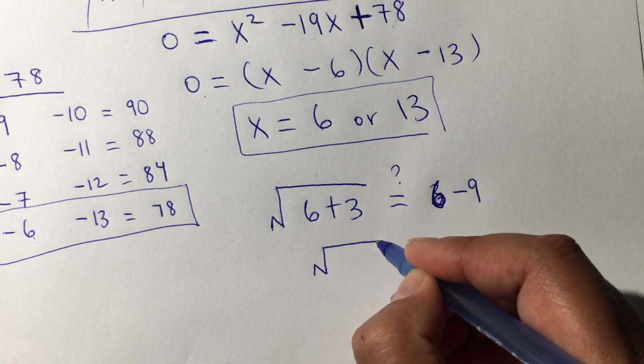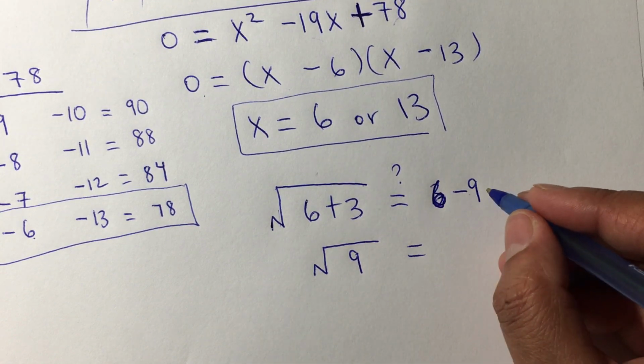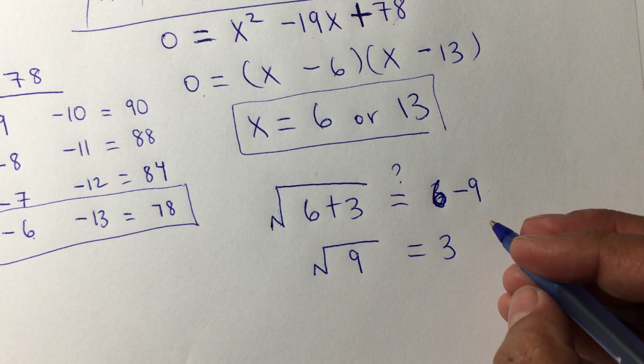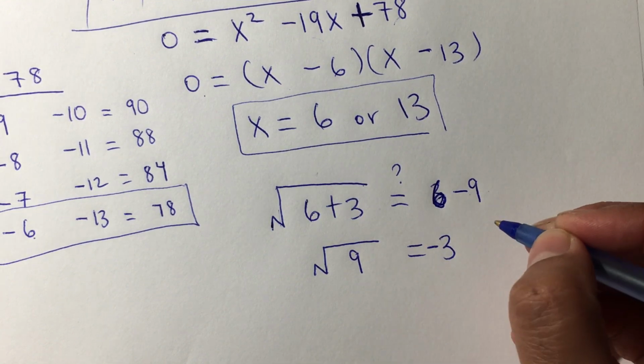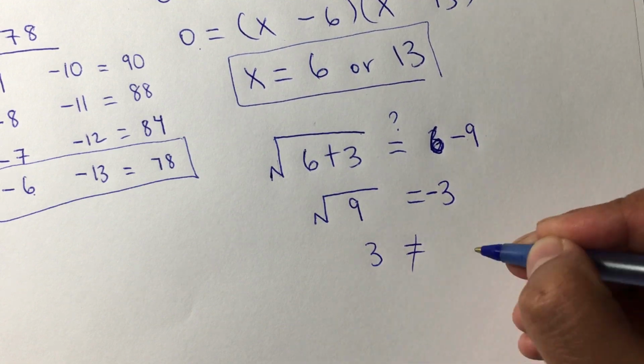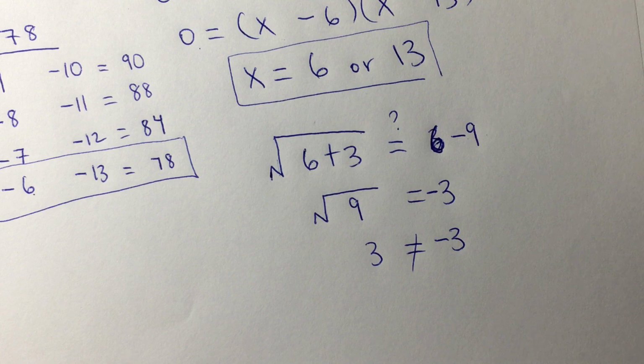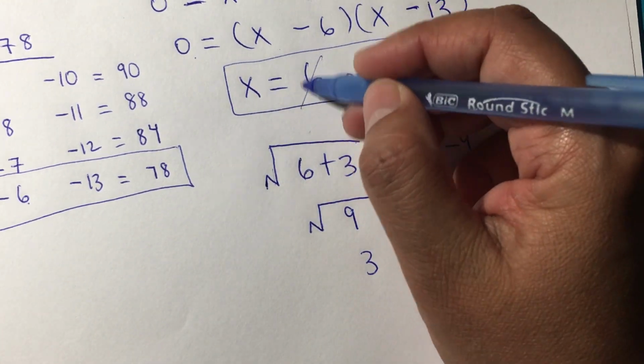In here we get 6 plus 3 is 9. Is it equal to 6 minus 9, which is negative 3, because the biggest one is negative? The square root of 9 is 3. And we say that they're not equal to each other. So no, that's not a true solution.